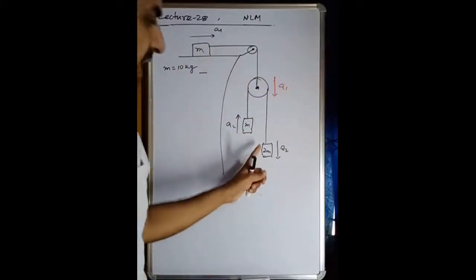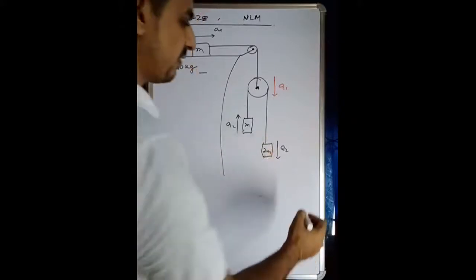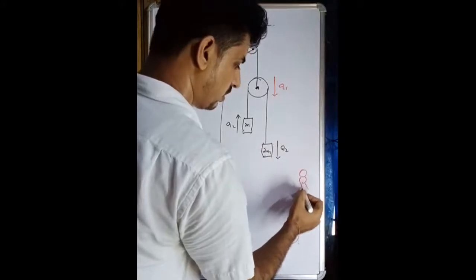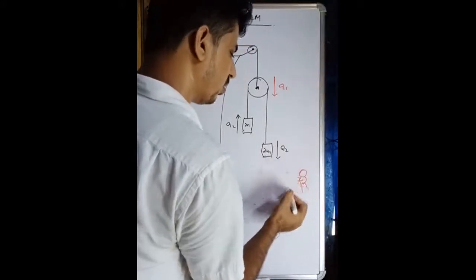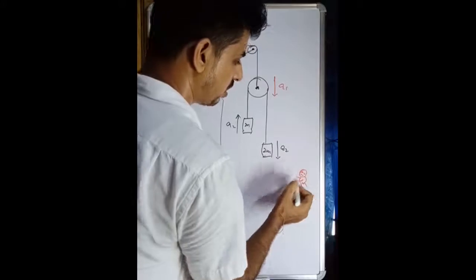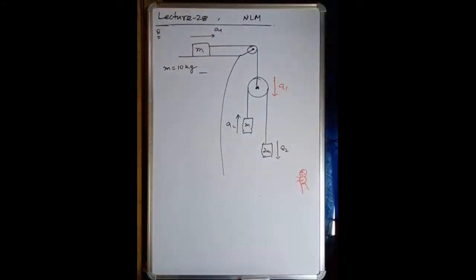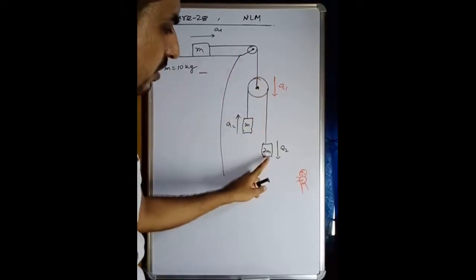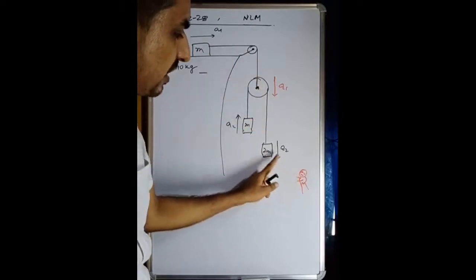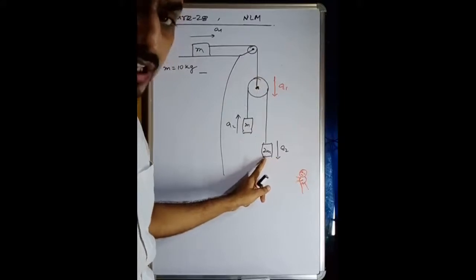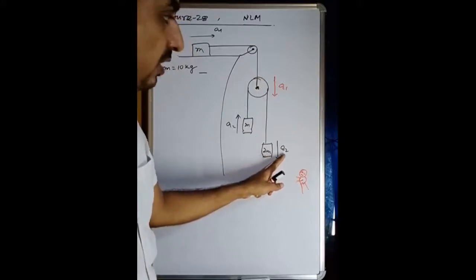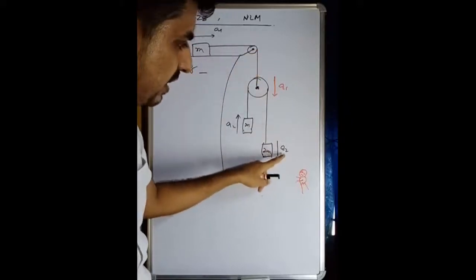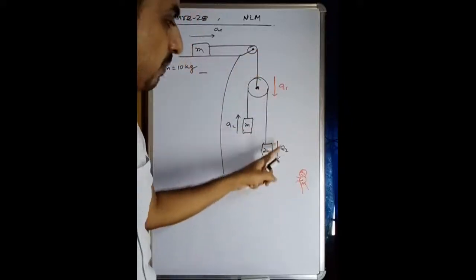It means the net acceleration for any observer standing on the ground: actually this system is coming down, but this observer will not experience only the acceleration of this block. It is moving with A2, but this pulley is also moving down. So the net acceleration will sum up as A1 plus A2.